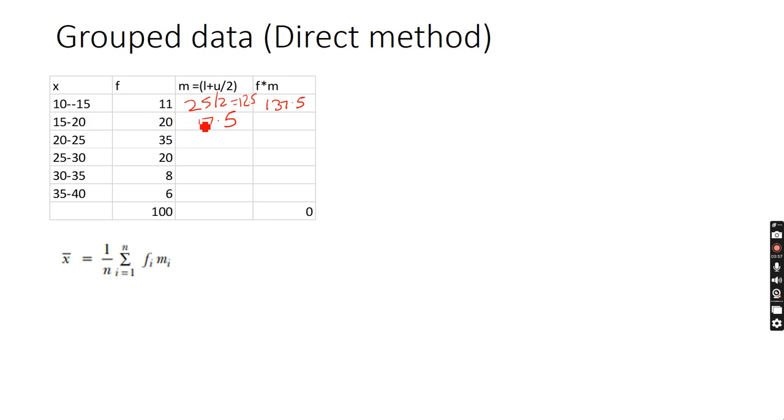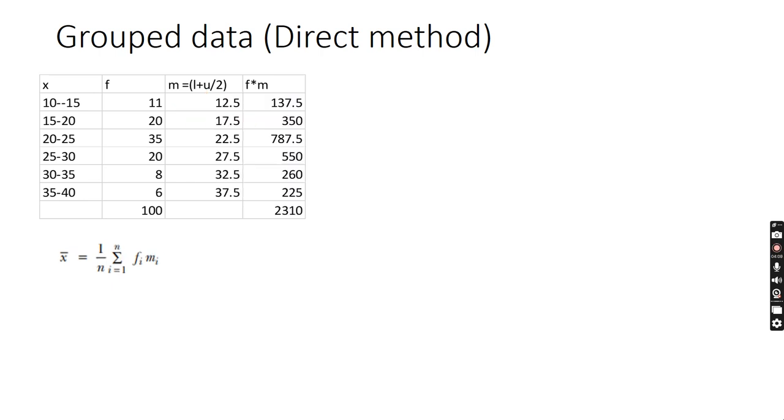And when you multiply 20 with 17.5, I should get 350. So you need to complete this table. For your benefit, I have already done this. I have calculated the mid value for each class interval: 12.5, 17.5, 22.5, 27.5, 32.5, 37.5.